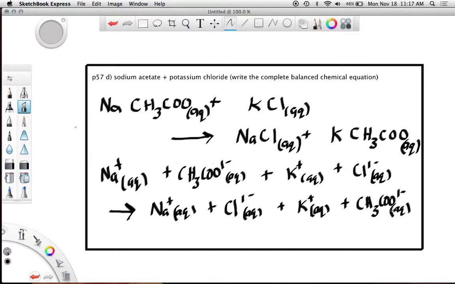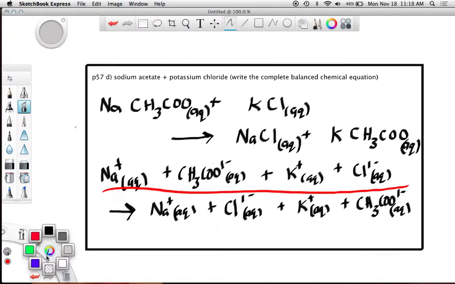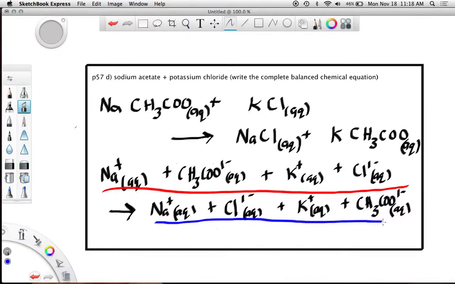Now, if I look at the things before, the reactants, and I look at the things after, the products, is there anything different about the reactants and the products?